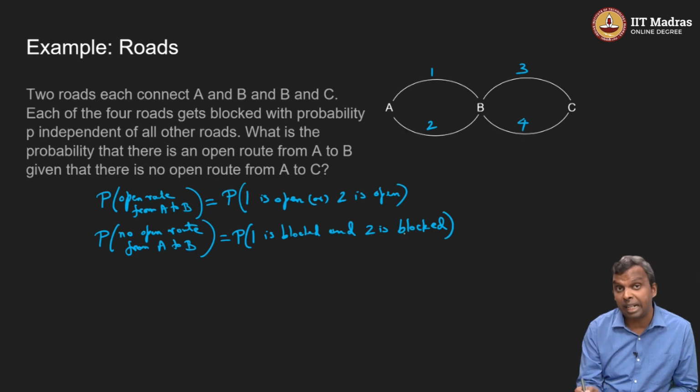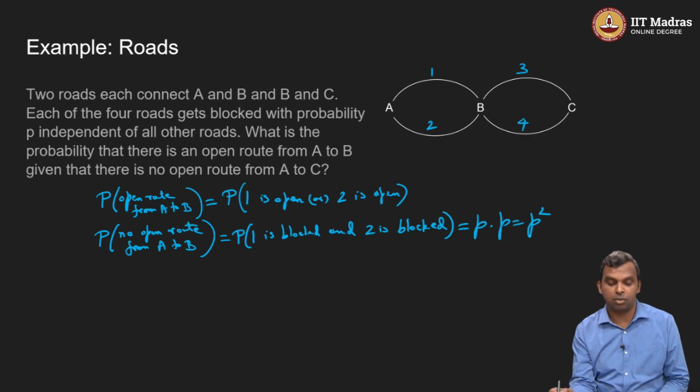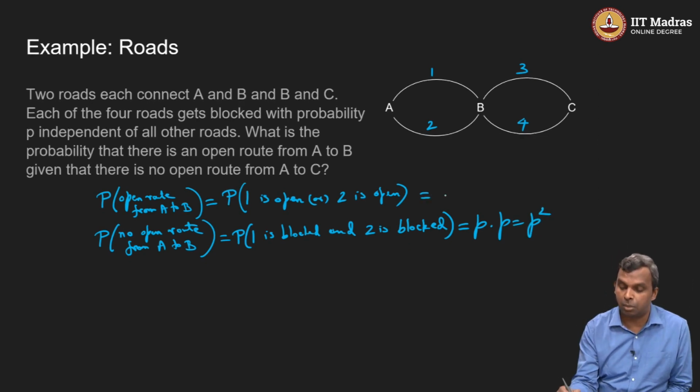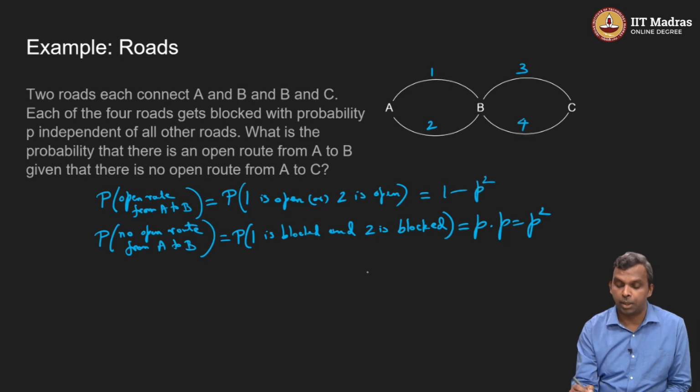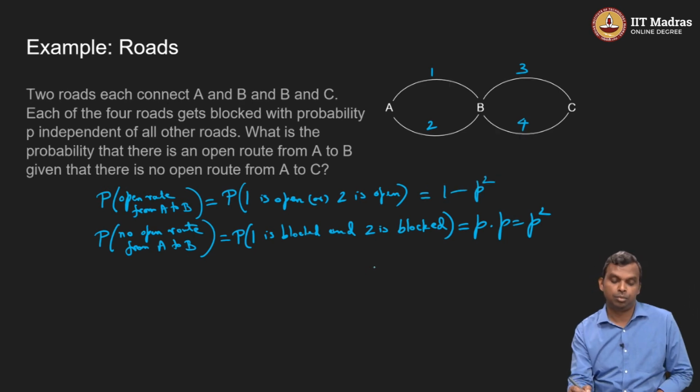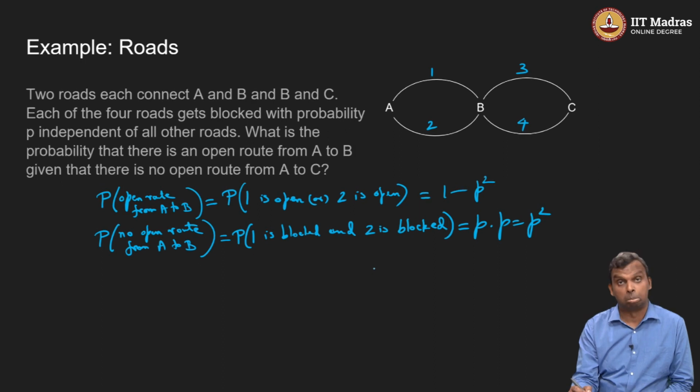These 2 are independent events and I am doing AND. If you do independent events and you are doing AND, you can multiply. That's just P into P and you get P squared. Notice how this worked out very easily. So this will become 1 minus P squared. Seems easy enough, right? This is the probability of an open route from A to B.